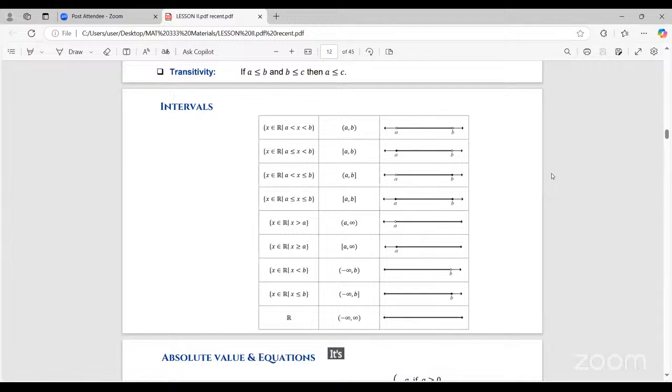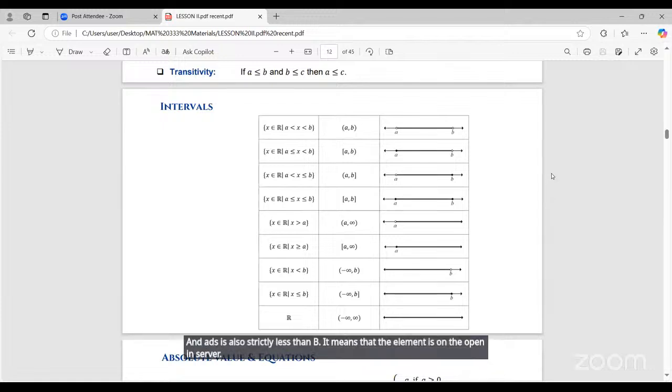A is strictly less than x, and x is also strictly less than B. It means that the element is in the open interval.